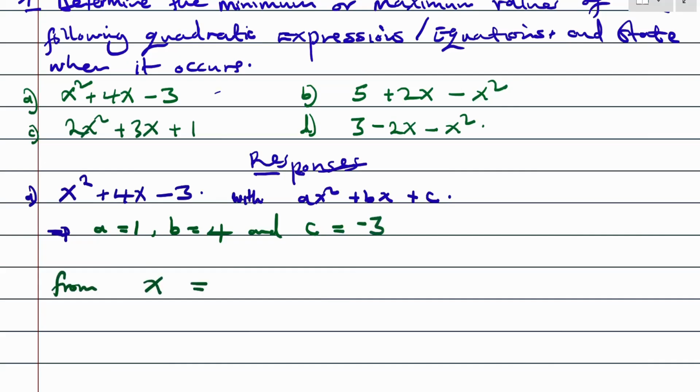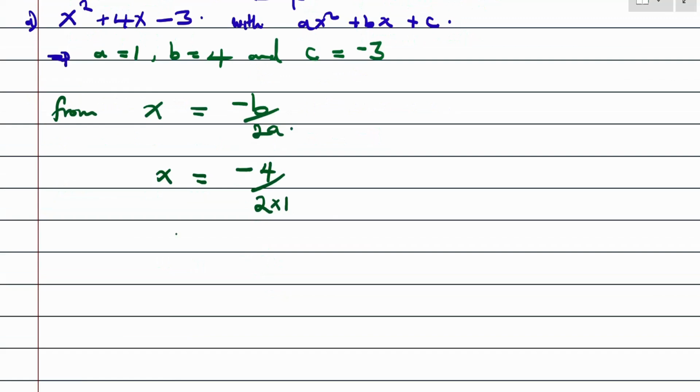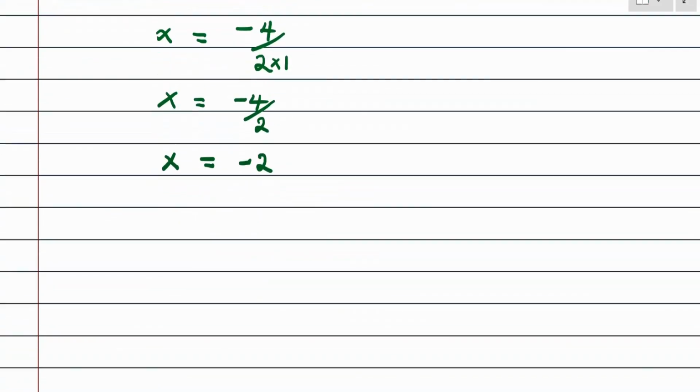We start from x equals negative b divided by 2a. So let's now get the value of x. It means that x is equal to negative 4, because our value of b is 4, divided by 2 multiplied by our value of a, which is 1. So we get x equals negative 4 divided by 2, and as we divide, we get negative 2 as the value of x.